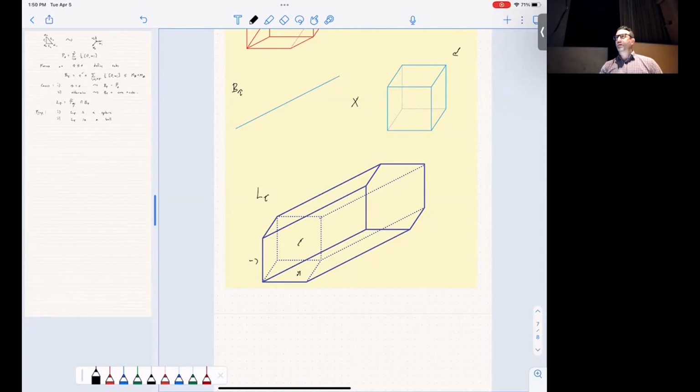I don't know if I should say Bureau is maybe the person to refer to this originally, but I'd have to look a little bit to see the precise reference. But yeah, this is known.